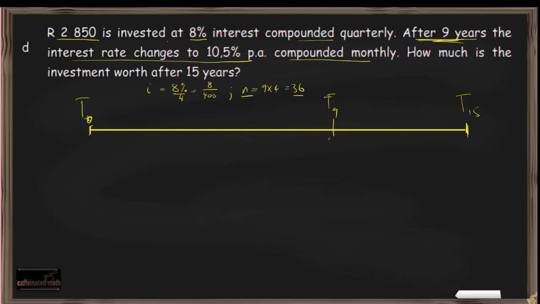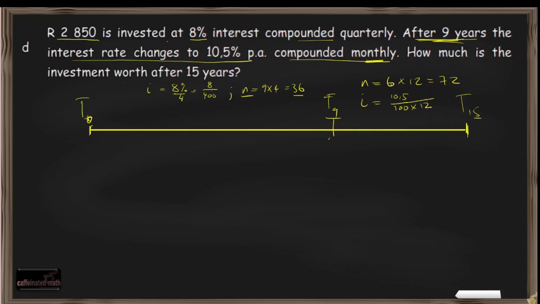For the last period, we need to firstly make sure we have n being equal to 6, but the compounding happens monthly, so that's times 12, which is equal to 72. And then of course our interest rate, which is 10.5 divided by 100, needs to be further divided by 12. So we are sort of ready.